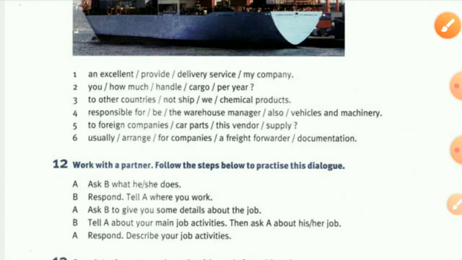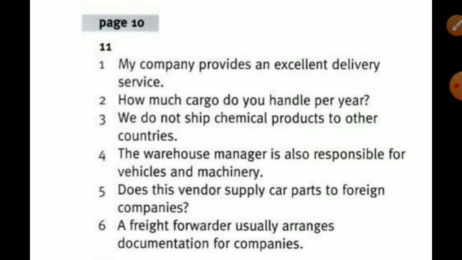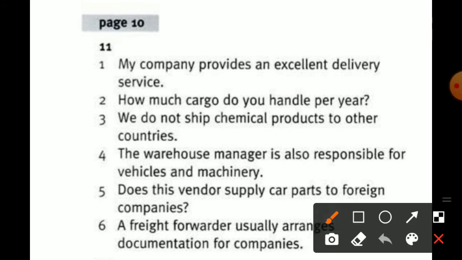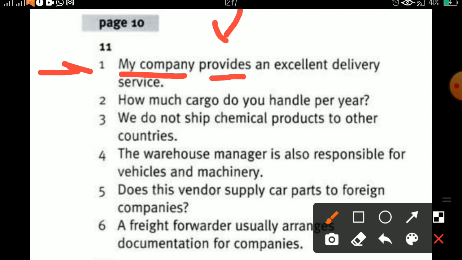After that, I'm going to show you the correct answer. From the first, we have the answer: My company provides an excellent delivery service. So we see the company as the subject in the sentence, and provides is the verb.